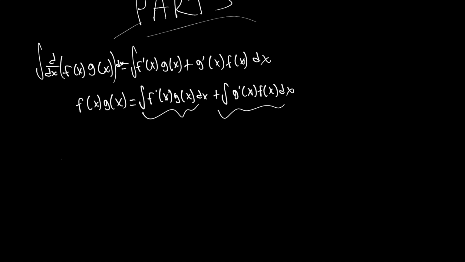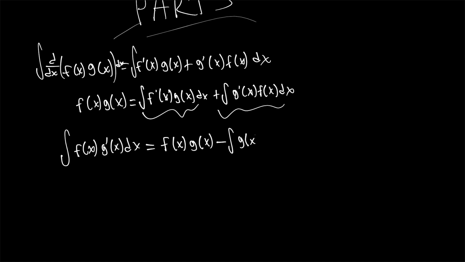So what we're going to end up with is the integral of f of x, g prime of x with respect to x is equal to f of x, g of x, minus the integral of g of x, f prime of x with respect to x.